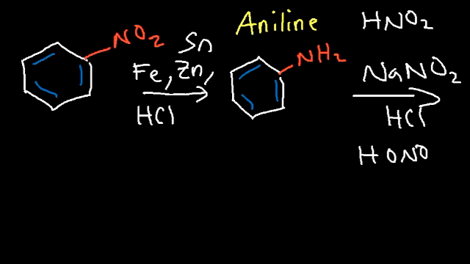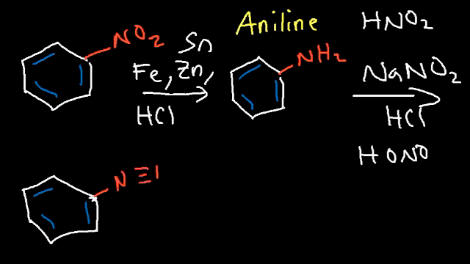So this step can be written any one of these 3 ways. It's going to lead to the same product. So what's going to happen is the NH2 group is going to be converted into an N2 group. And so you're going to get something that looks like this. It's called an arene diazonium salt.